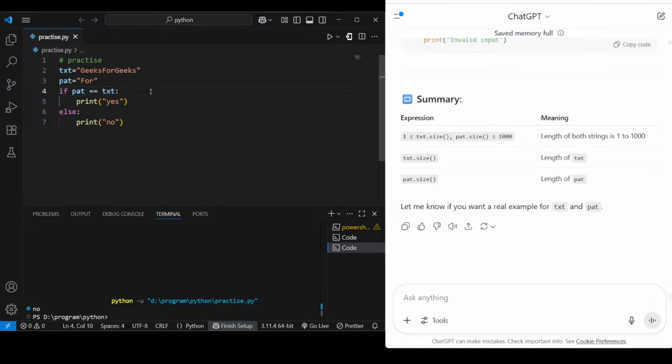Instead of looking at everything, shall I go for a first letter matching like that? Like if txt[0] equal to pat[0].